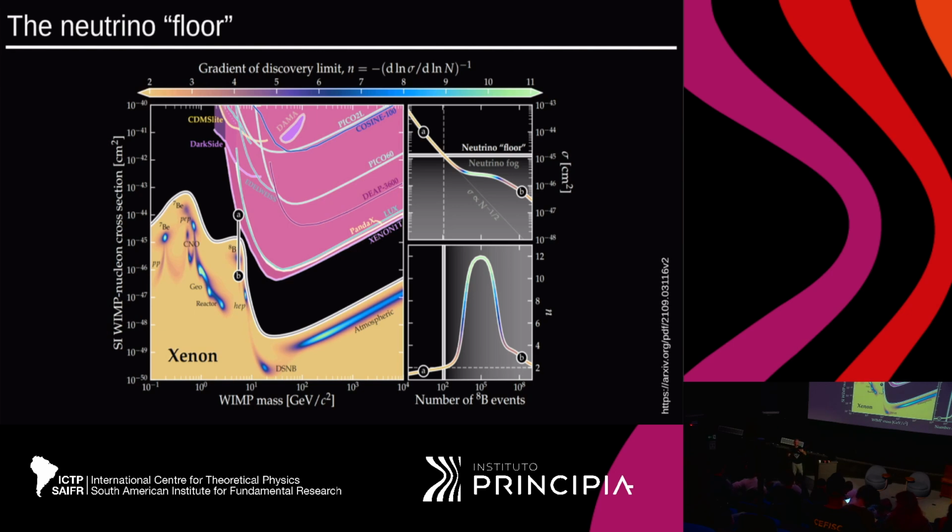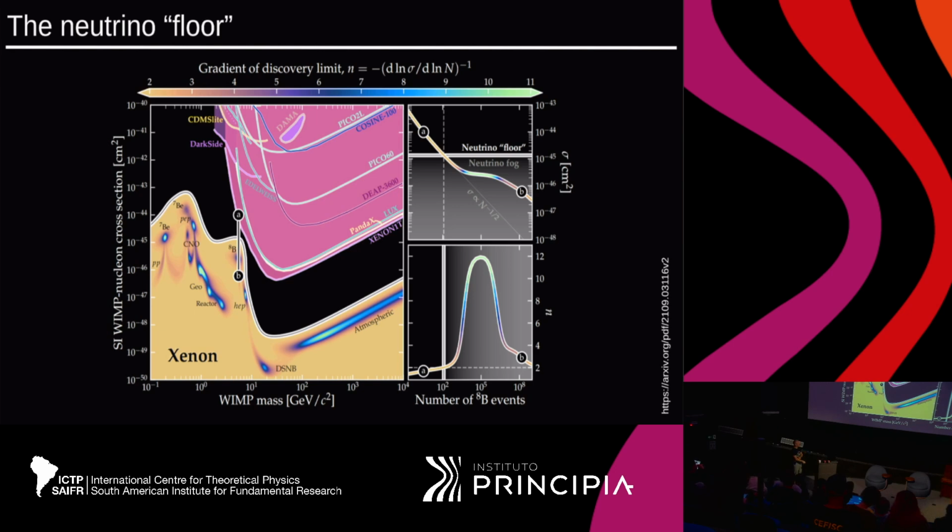So if you see an event coming from a different direction, you would be able to tell that this is not a neutrino and it's likely a dark matter event. So directionality has been the go-to technique to go into this fog.